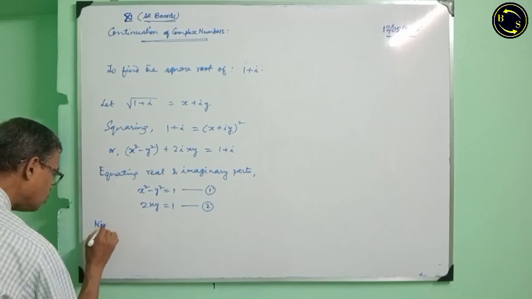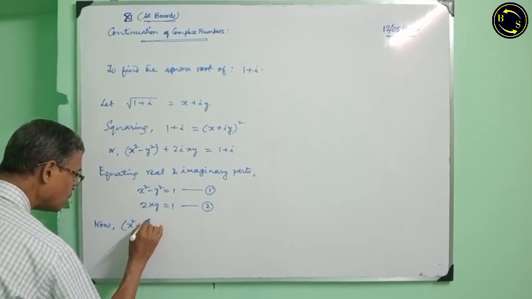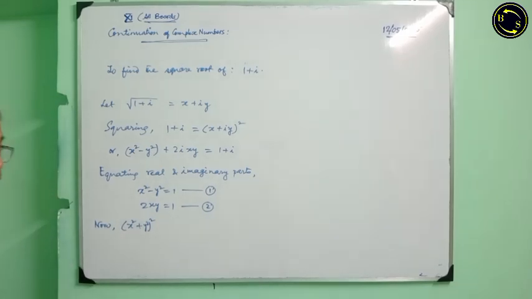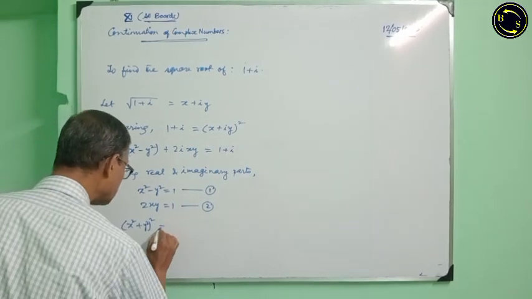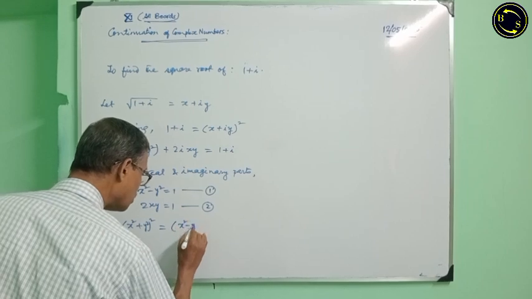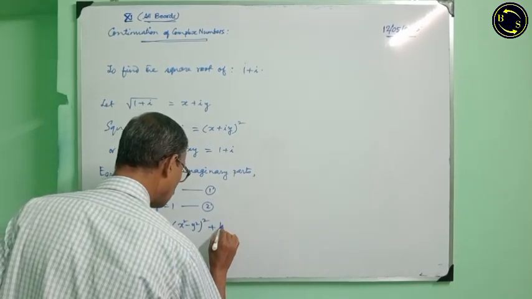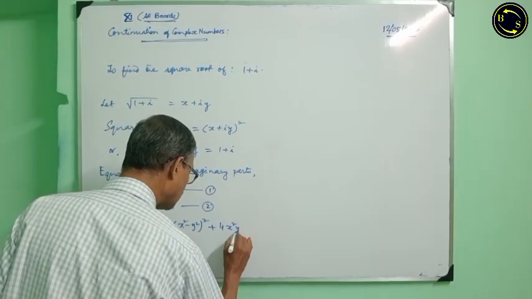Now (x square plus y square) whole square, (a plus b) whole square, the identity is (a minus b) whole square plus 4 x square y square.